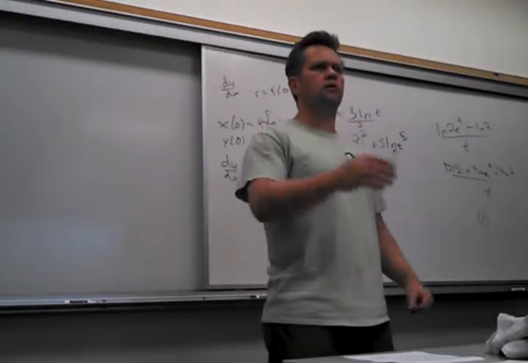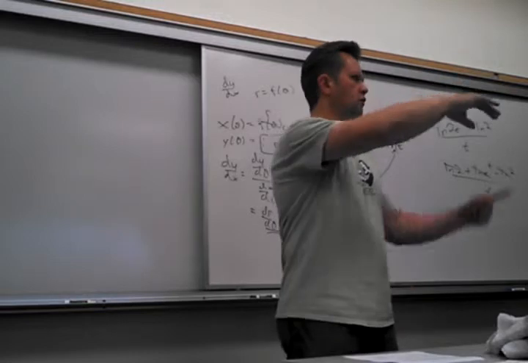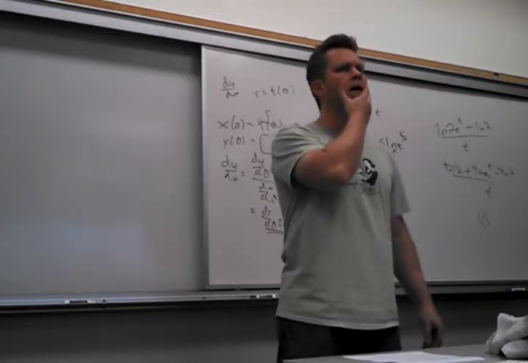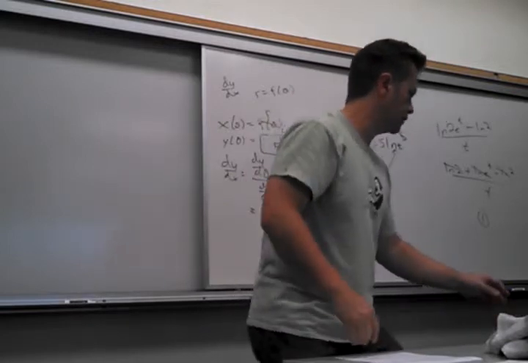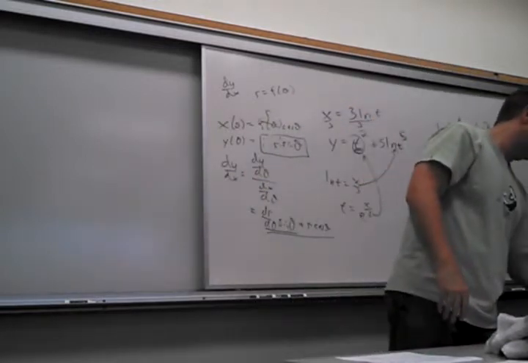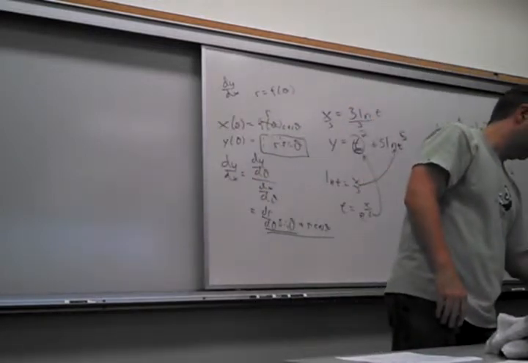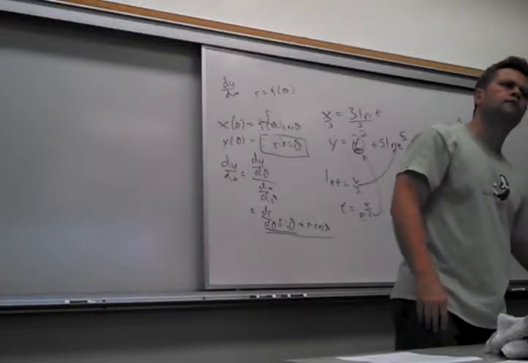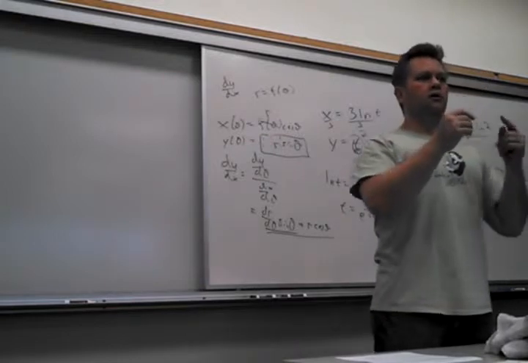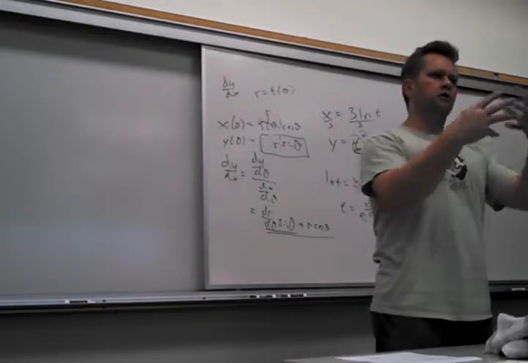Oh, did you have a question? For number 4, on the test, mine was 3 cosine theta minus 2 sine theta. Do we have to multiply by r? Yes. Because are you looking for r? No, you're looking for r squared.